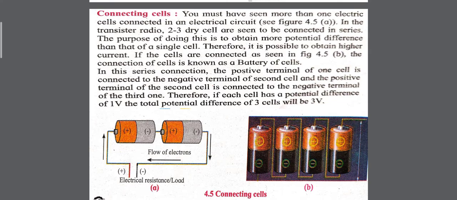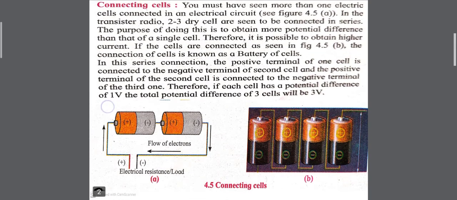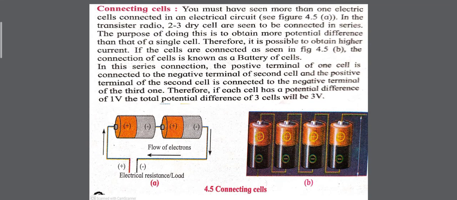You must have seen more than one electric cell connected in an electrical circuit. In figure 4.5a, more than one electrical cell is connected with each other in an electrical circuit. In a transistor radio, 2 to 3 dry cells are seen to be connected in series.